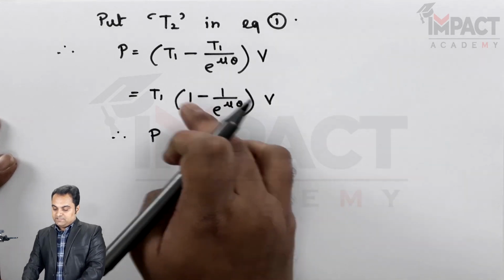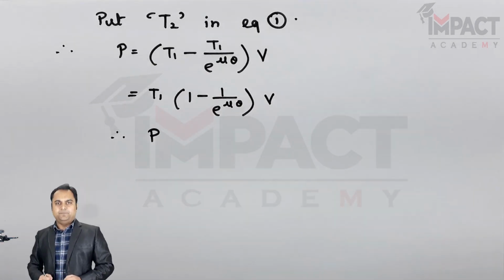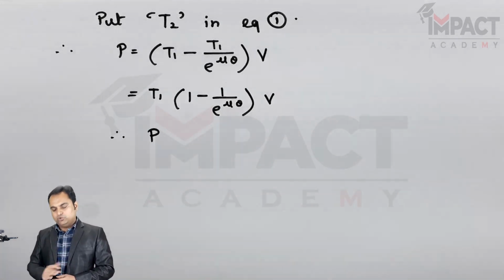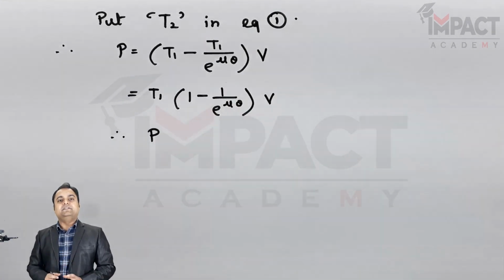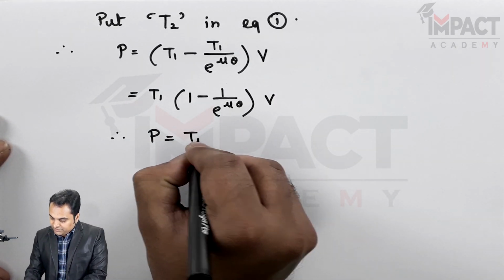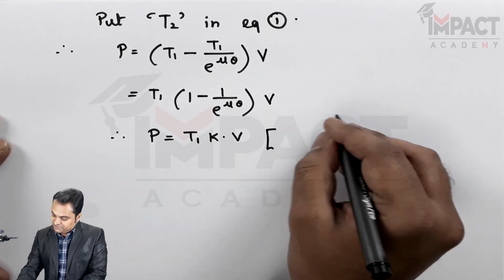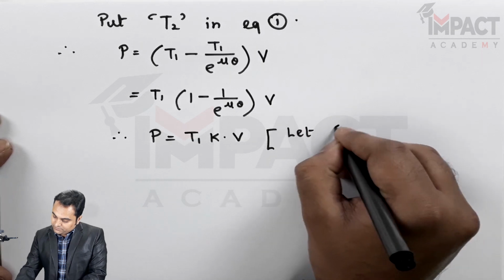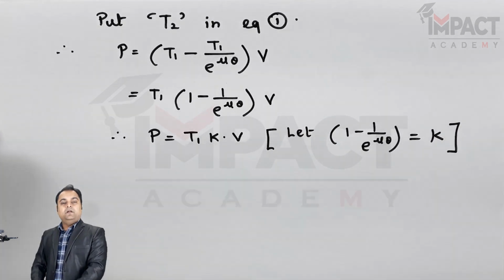After that, since this bracket contains mu, which is the coefficient of friction between the belt and the pulley, and theta, the angle of contact, also called the angle of lap, and both are constant, this complete bracket is constant, and I am going to replace it by a constant K. So the formula will become power is T1 into K into velocity of belt, where I'll let this bracket be called K, a constant.